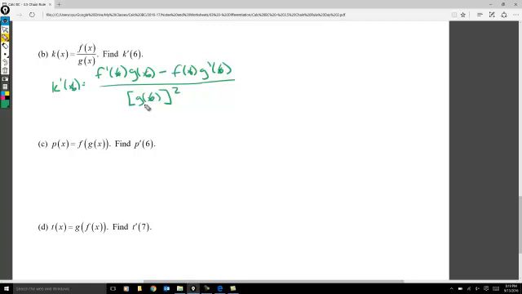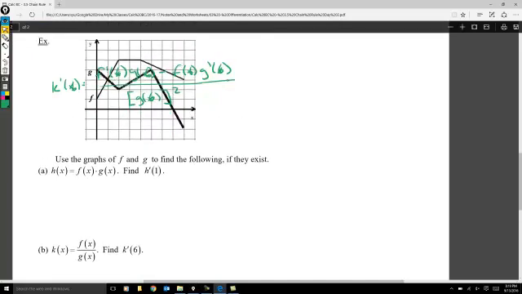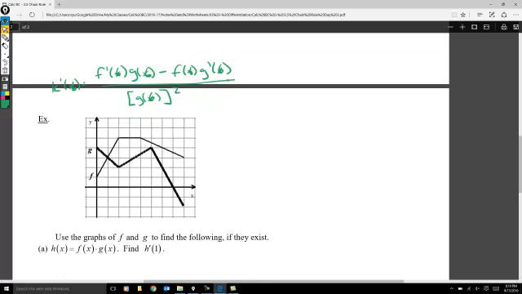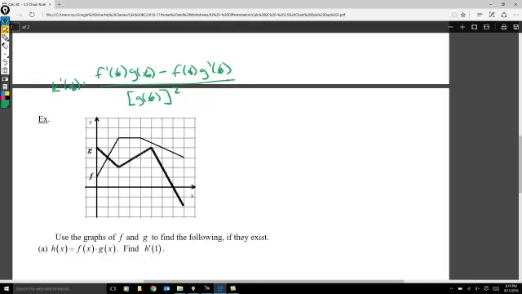All right, so I can look at my graph, and again, it's the same process that we just did. I'm trying to find f prime of 6 and g prime of 6, and then the function evaluations at 6. All right, so let's count to 6. 1, 2, 3, 4, 5, 6.